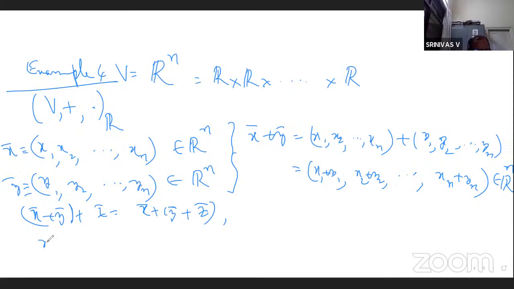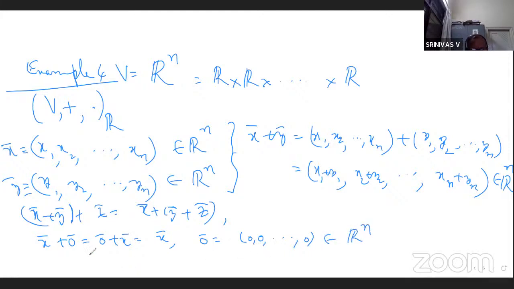And then what is the zero vector for addition? It is x bar plus 0 bar equal to 0 bar plus x bar equal to x bar. What is this 0 bar? It is 0, 0, taken n times. This is an n-tuple formed of zeros alone, taken n times. This is an element in Rn.